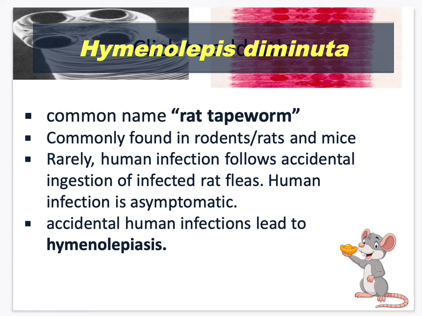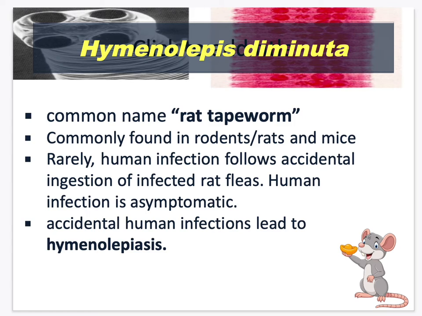So the common name of this is the rat tapeworm. They are commonly found in rodents, rats and mice. Rarely, human infection follows accidental ingestion of infected rat fleas. Human infection is asymptomatic.